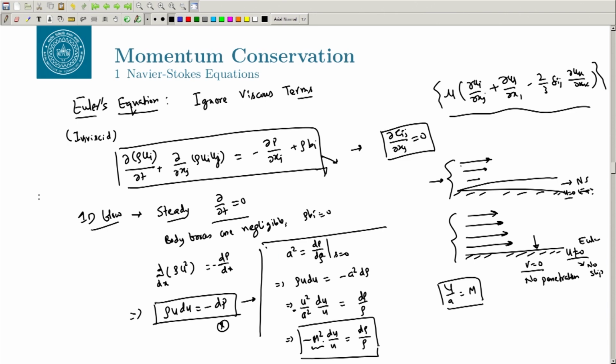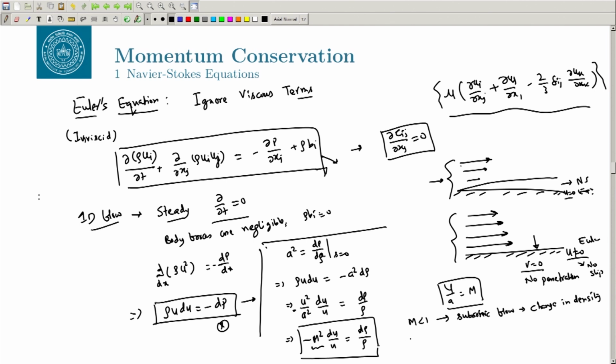The proportionality constant is basically M square. So, if M is less than 1, which is the case of subsonic flow, the change in density is small compared to the change in velocity.